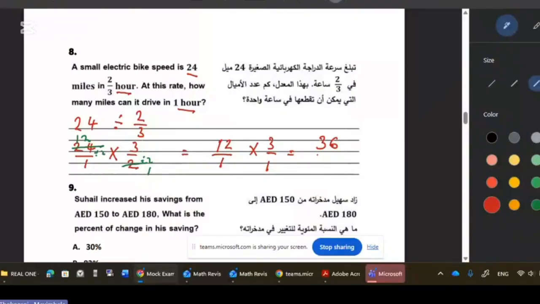Okay? All over 1, the answer is same as 36. This is just to make you understand what we are doing. So what does this mean now? It will be 36 miles per hour, mph. Okay? I hope it makes sense. All right? Let's move on to the next one.